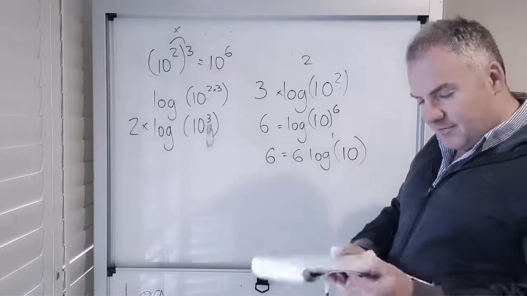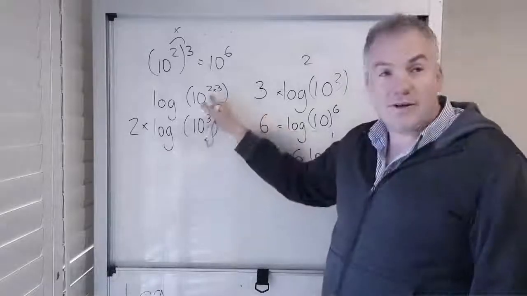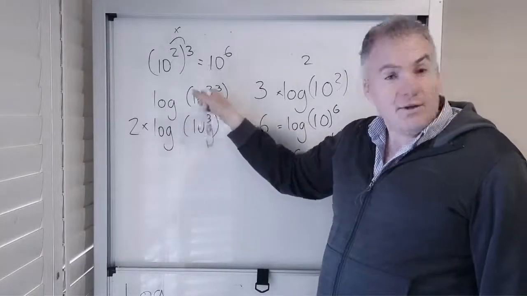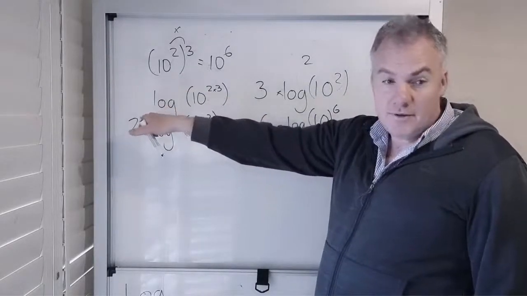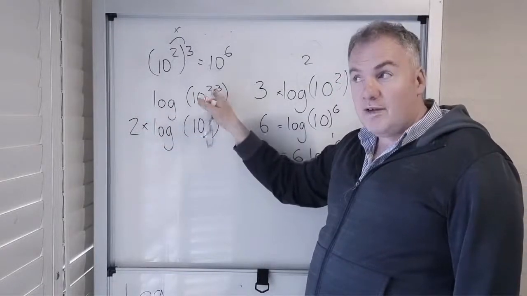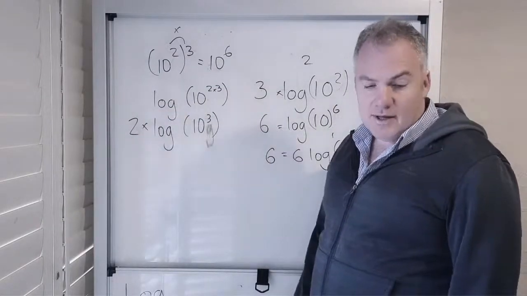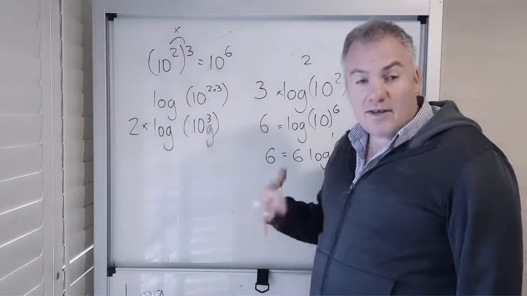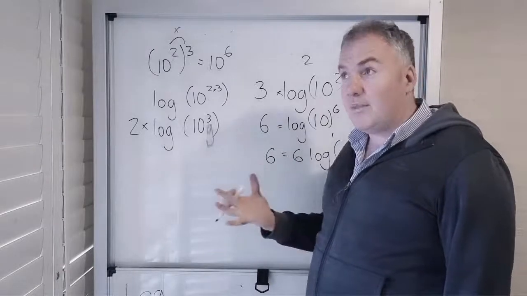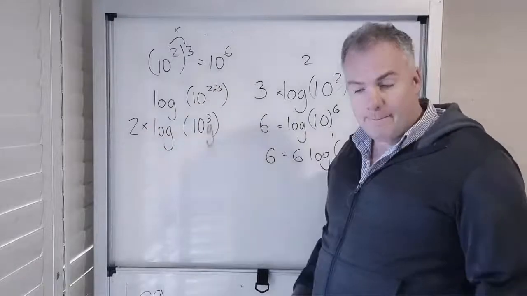The point I'm making really poorly is that whatever is up here in your log position, you can times by the front. If you've got something with an index up here, you can just get rid of it and put it out the front if that makes the question easier to solve. Okay? Because the log is a count of how many times it's times by itself.